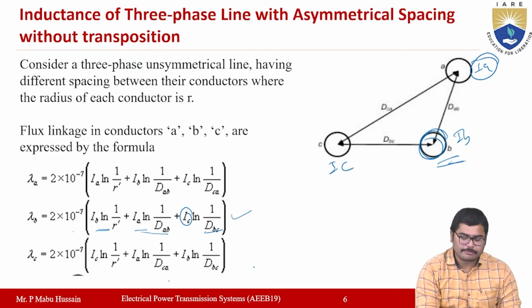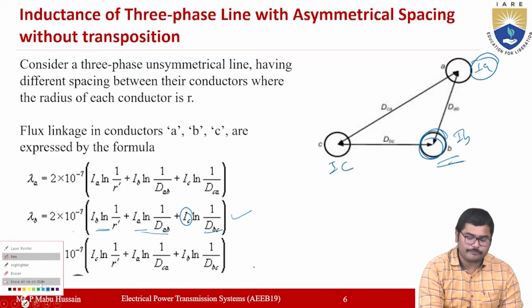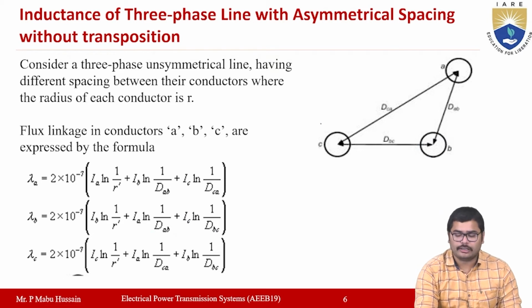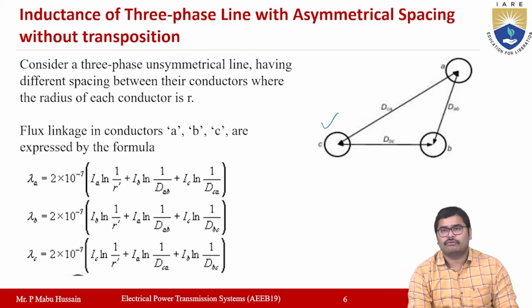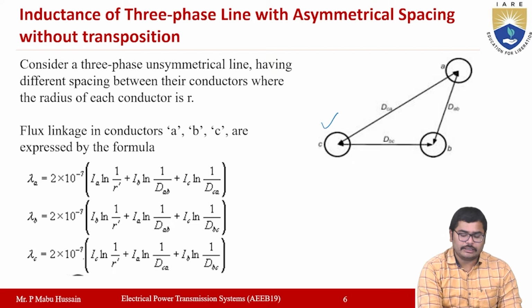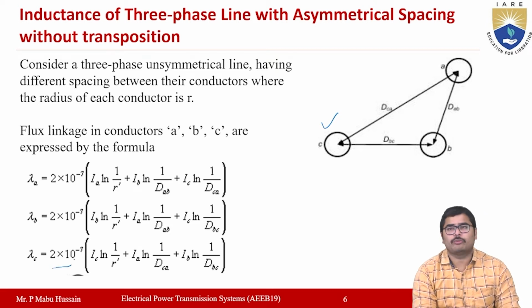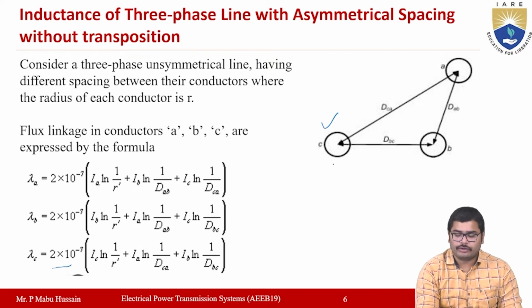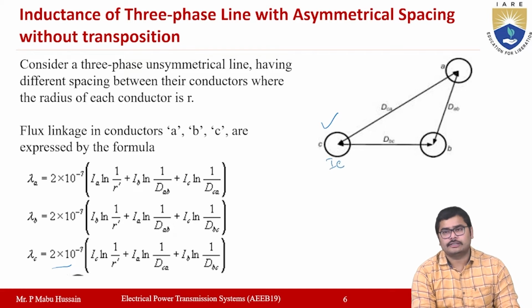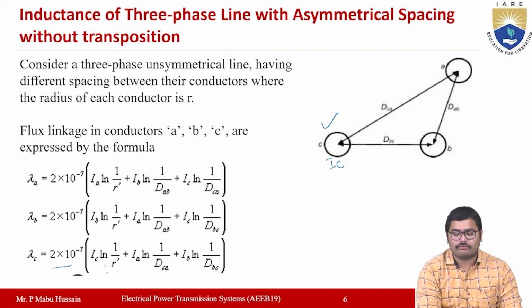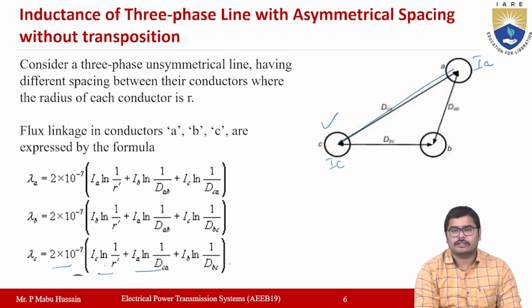Similarly, you can express the flux linkage of conductor C also. If you write the flux linkage equation for conductor C, that value will be equal to 2 into 10 power minus 7 into, now if we consider the current IC first, IC into ln 1 by R dash you will get, plus then you consider the current flowing in conductor A, which is IA, so IA into ln 1 by the distance between C and A, which is DCA.